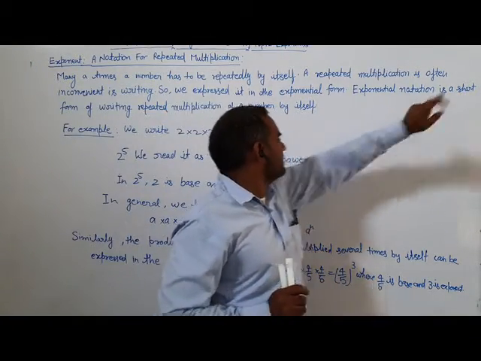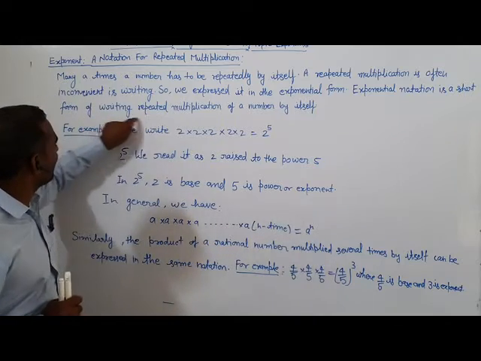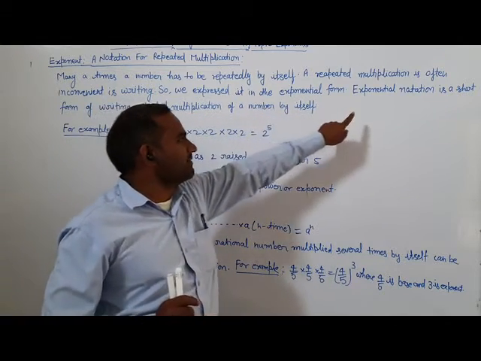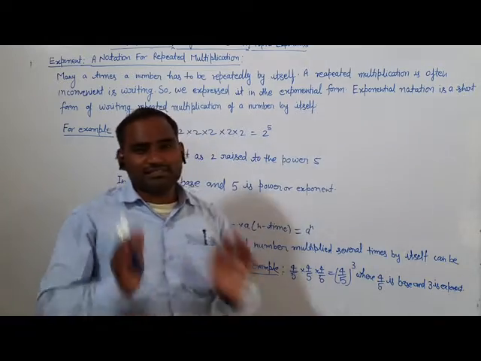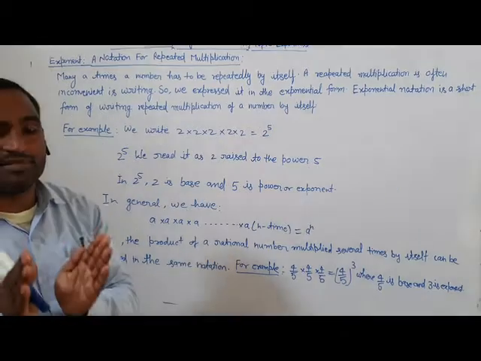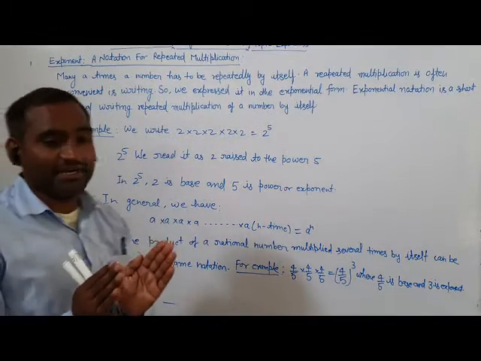Exponential notation is a short form of writing repeated multiplication of a number by itself.